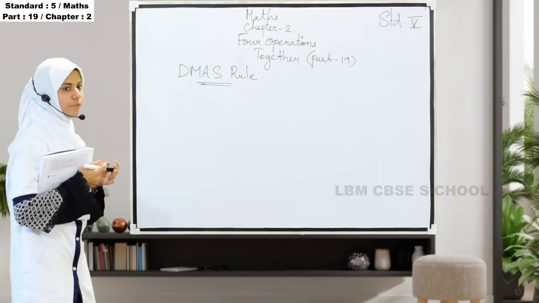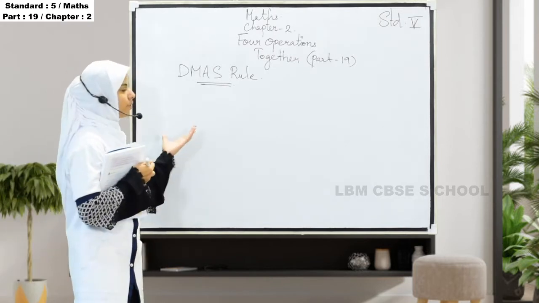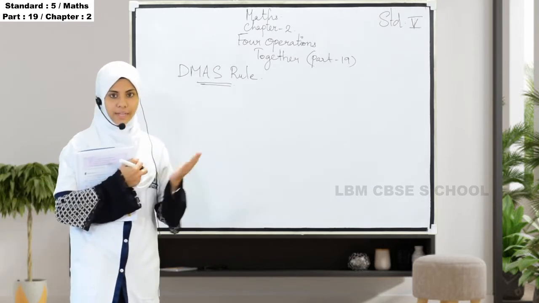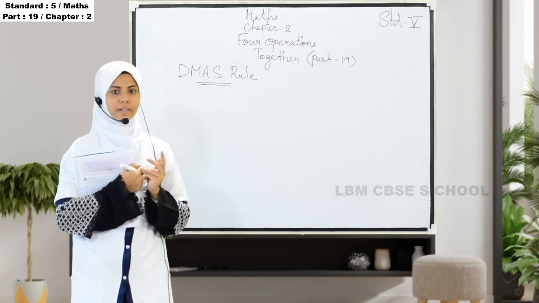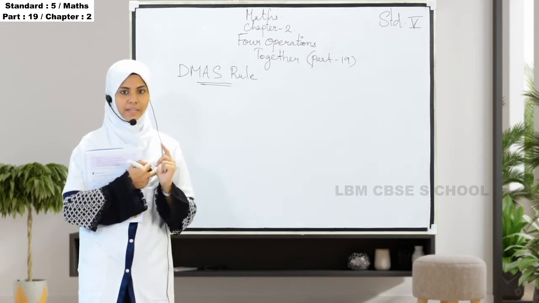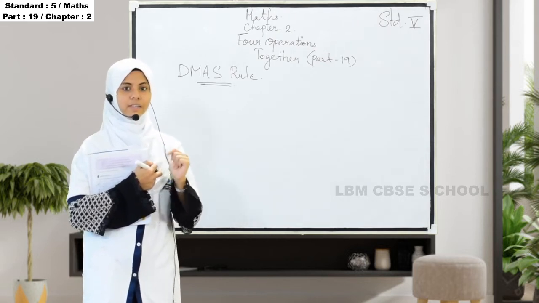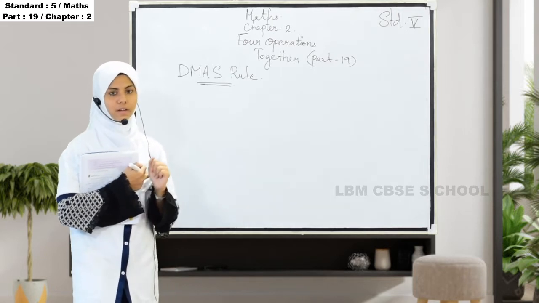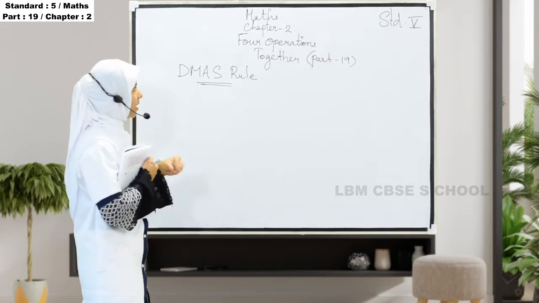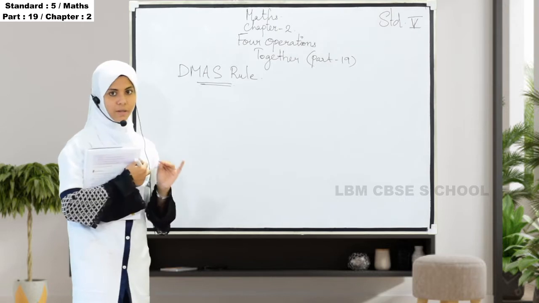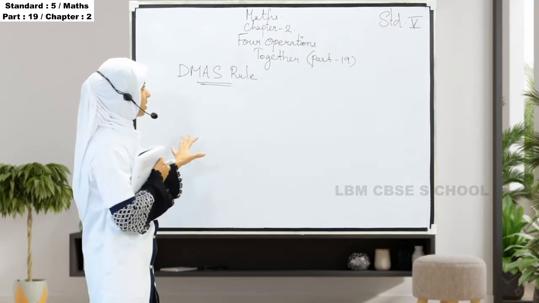This is a rule for solving when four operations come together. What are the four operations? That is addition, multiplication, division and subtraction. When these four operations come together in a problem, we can use this rule.